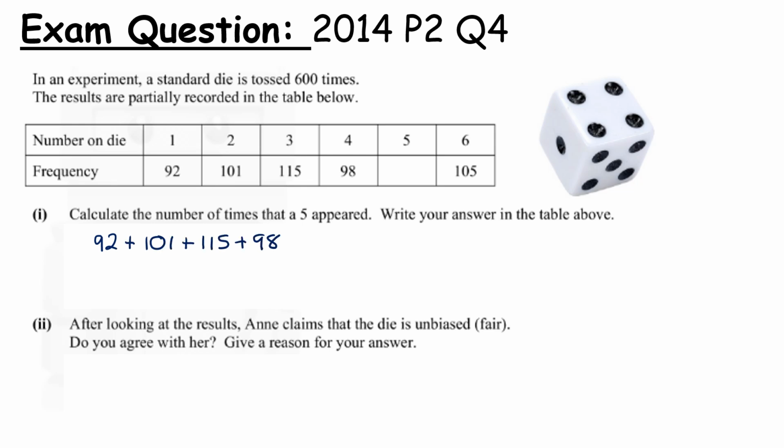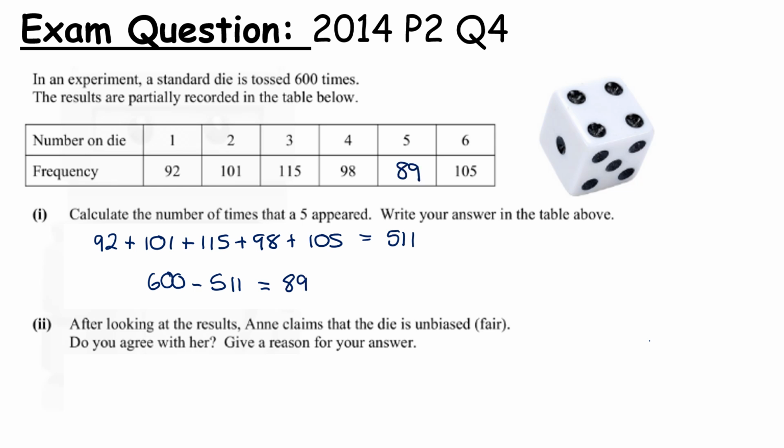Plus 98 plus 105. So when we add these together, we get 511. We know that there was 600 in total, so we take away our 511, and that's going to give us 89. So 89 is the frequency that's missing above.